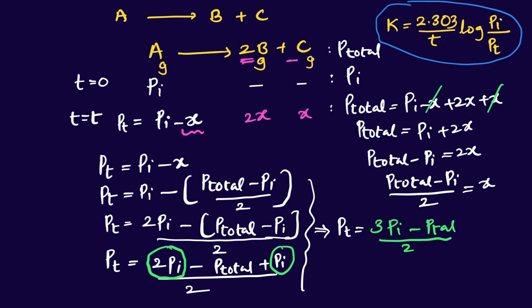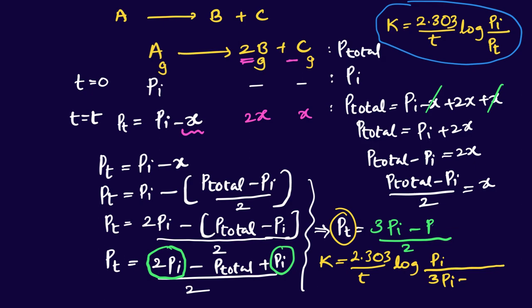K is equal to 2.303 by time log P initial divided by 3Pi, because pressure at T time is equal to 3Pi minus P total divided by 2.